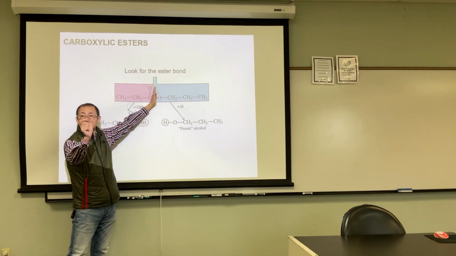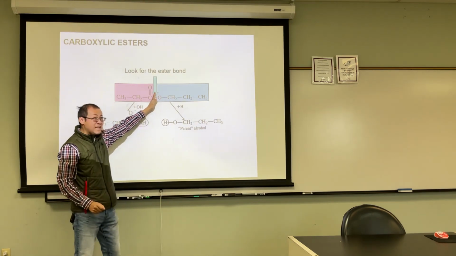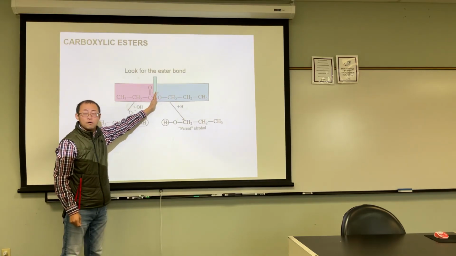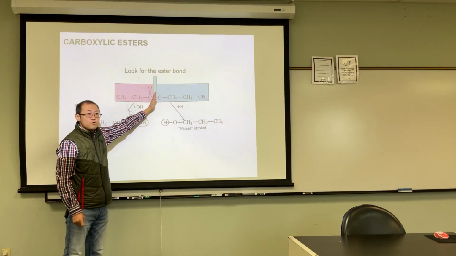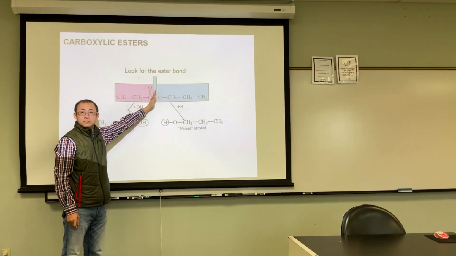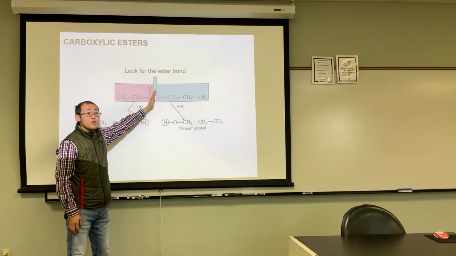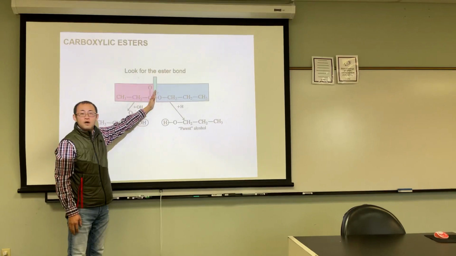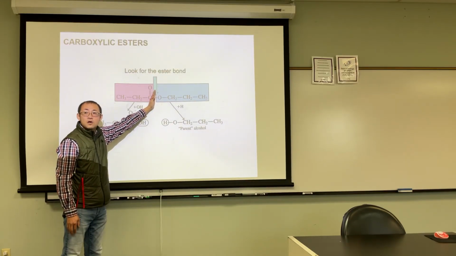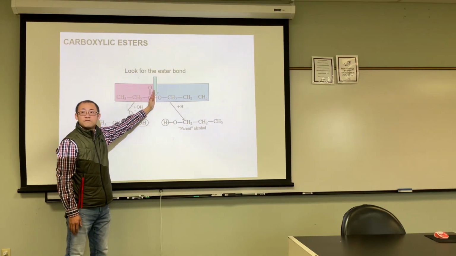And that bond is linking what? Two-part molecules together, right? We know an ester is made between an acid and an alcohol. This is the bond linking an acid and alcohol. So when you put your pen here, you have to recognize which part of the molecule is from the acid, which part is from the alcohol.